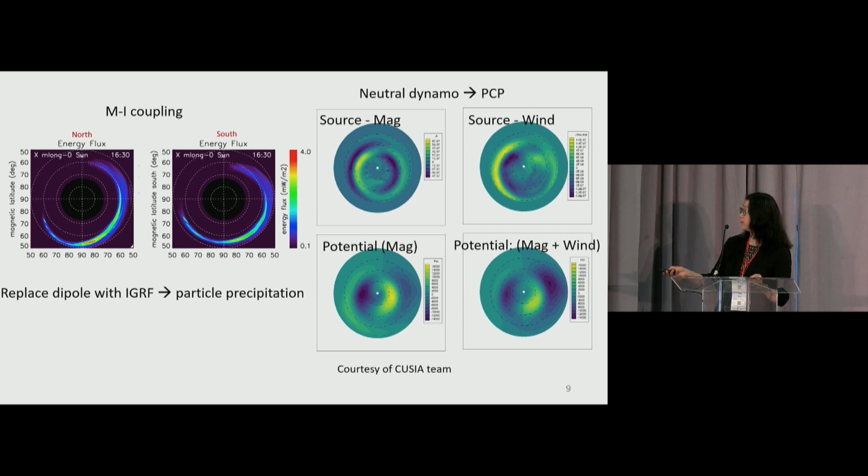So the difference is quite evident, and the magnitude and distribution, everything got changed. This indicates that during a solstice, winter or summer solstice, the neutral dynamics could be quite different in both hemispheres, which may feed back to the magnetosphere and contribute to the interhemispheric asymmetry in the polar cap potential as well.